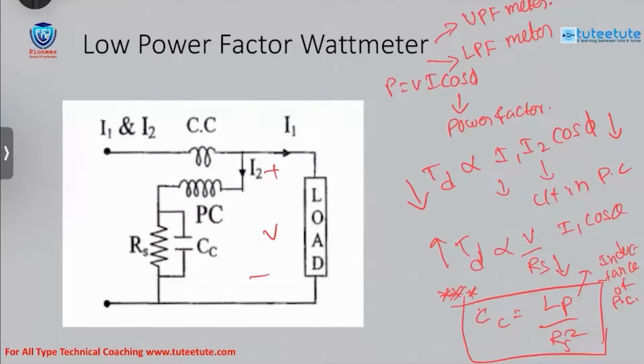So we made some design changes so that it can measure low power factor values effectively. Applications: where do you use this low power factor meter? In the OC test of a transformer. OC test means open circuit test. In the OC test of a transformer, we use a low power factor type wattmeter.